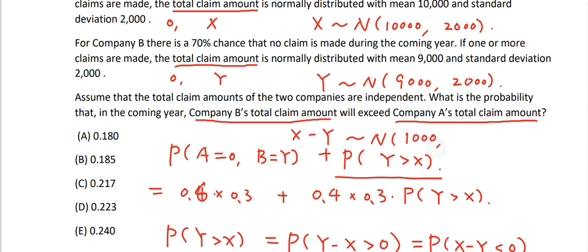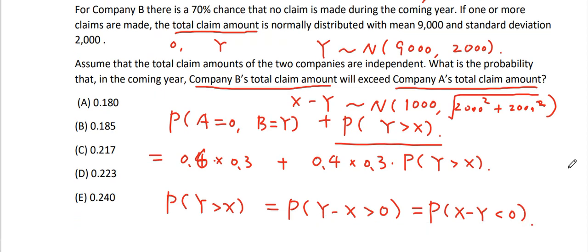But the standard deviation: variance is equal to this variance plus that variance, so this square plus this square, then take a square root. Okay, so X minus Y is this normal.